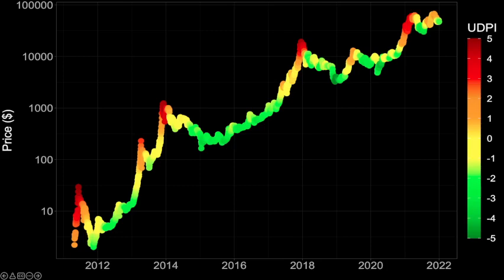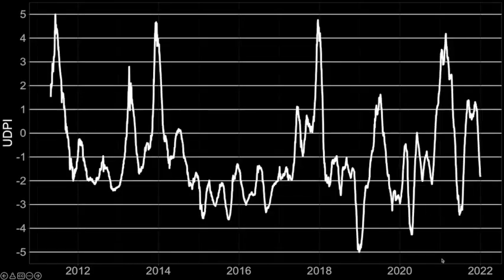The reason I say that's a pretty critical level historically is because if we look at the UDPI output in this way instead, you can get a little bit more precision, and you can see the trend a little bit more clearly as opposed to the color coding. We can see that the -2 level has been a level that Bitcoin has interacted with many times in the past.